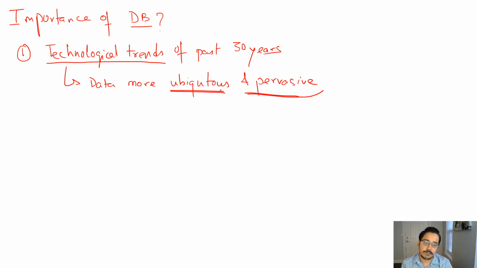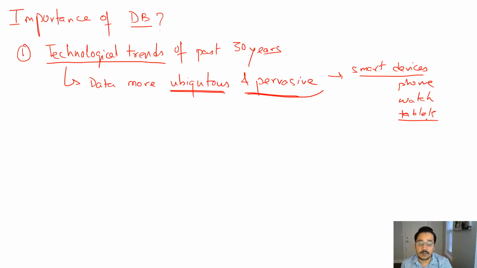And a good example of this will be all the smart devices that you have in this day and age that you use to interact with different businesses, right? So when you say smart devices, it could be in the form of a smartphone, a smartwatch, tablets, handheld devices, and I don't even know what else is available in the market, but you get the idea, right?